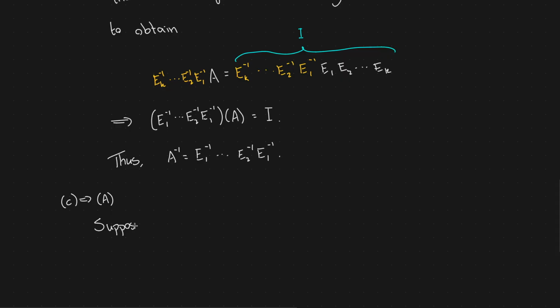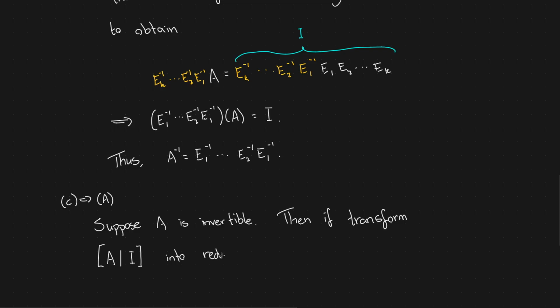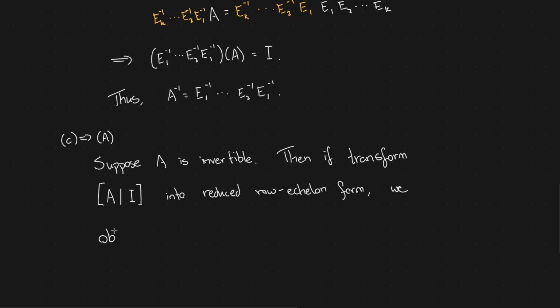Suppose A is invertible. Then if we transform the augmented matrix, A augmented with I, into reduced echelon form, we obtain this augmented matrix where I is on the left side of the augmented part and A inverse is on the right side.